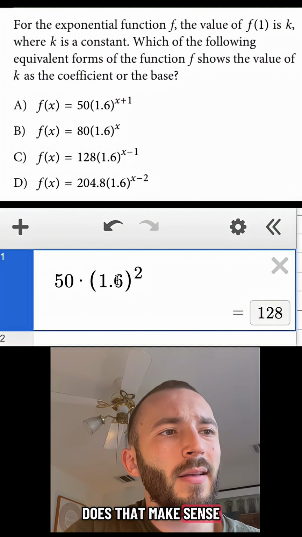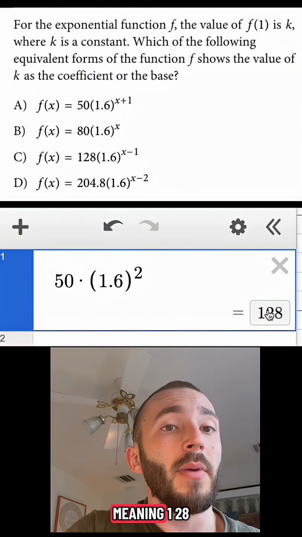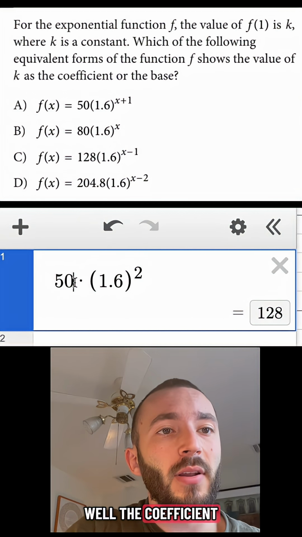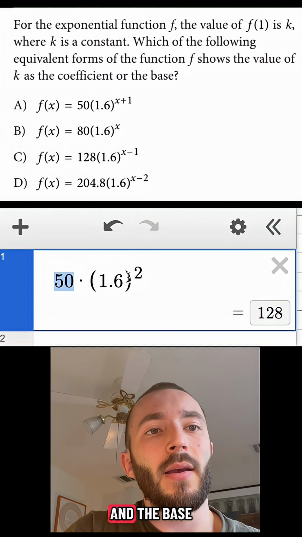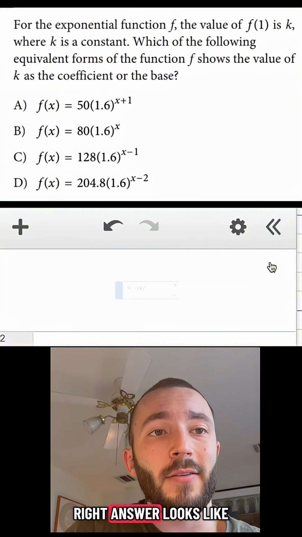Does that make sense? So which of the following shows the value of k, meaning 128, as the coefficient or the base? Well, the coefficient in this case is 50, and the base is 1.6, so I don't see 128 anywhere in there. Now I'll show you what the right answer looks like.